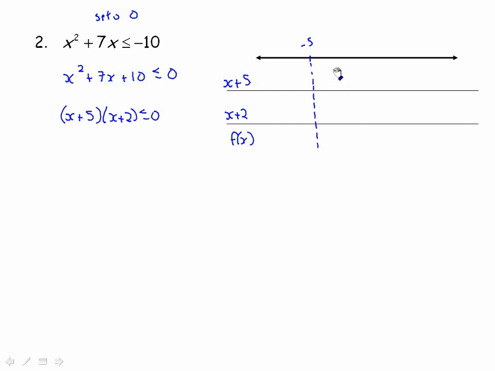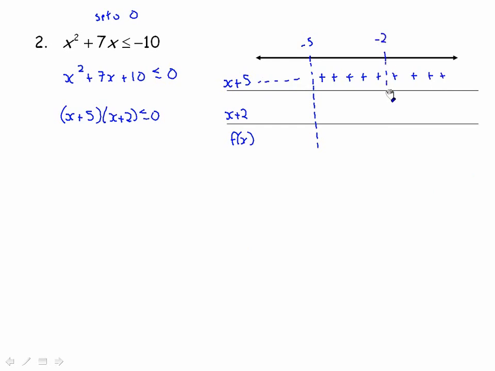So if you picked an x value that was bigger than -5, say -4, -4 plus 5 is positive, and that'll always be the case. And then negative if you're to the other side. And x plus 2 has its 0 at -2.